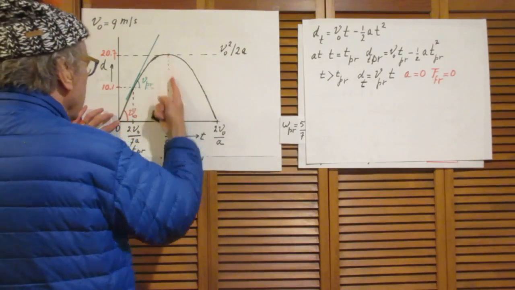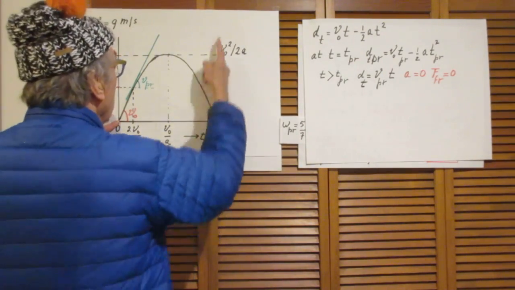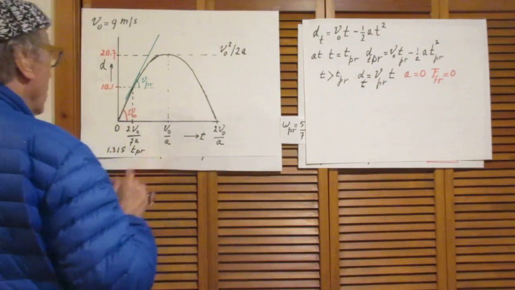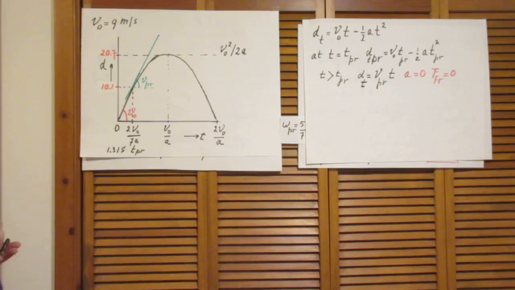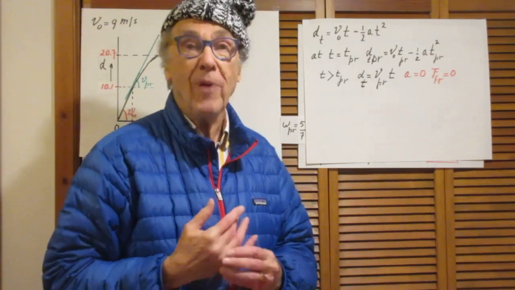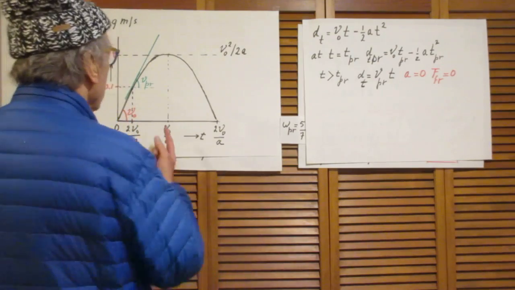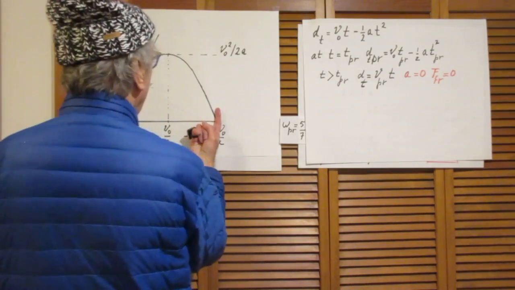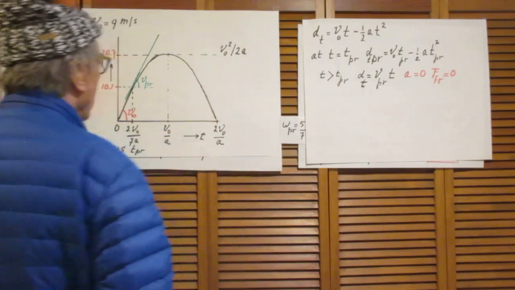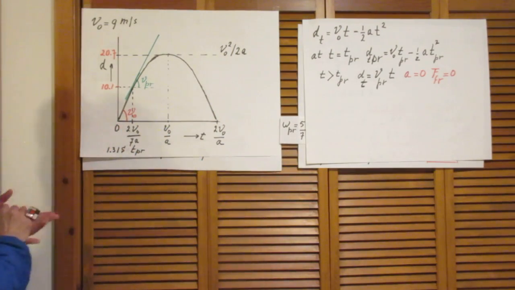But this line, which is now here, is 4 times higher than this one because of the V0 squared. So I would like you to draw a new parabola with the axis of symmetry, if you call that, here, which is 4 times higher than this one, and then do the same thing that I did.